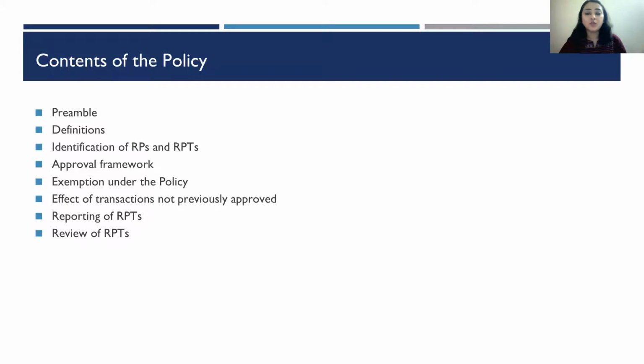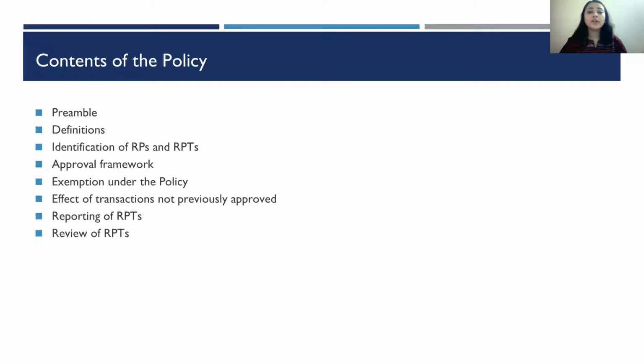This is more so because of this amendment that has come, which has widened the definition of related parties. So as I mentioned, the companies need to maintain a list of related parties and review and update it on a periodic basis.